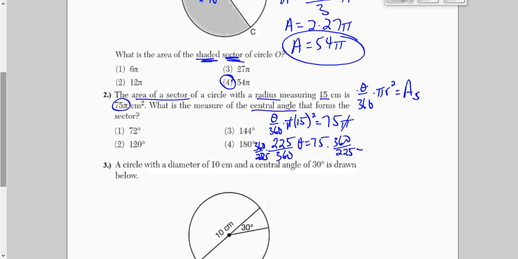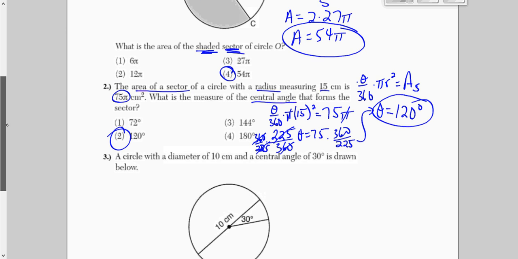So these cancel, and we're just left with theta, and you can just push buttons on your calculator. 75 times 360 divided by 225. And you should get 120 degrees for that angle, which is choice 2.